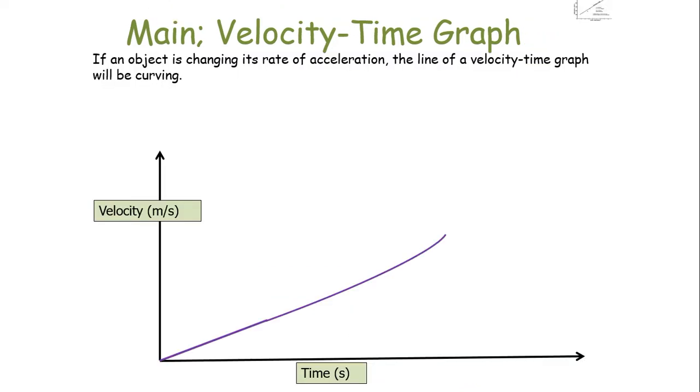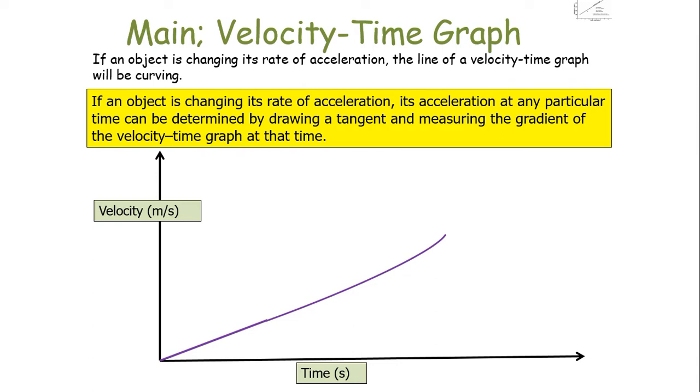Now if an object is changing its rate of acceleration, the line of a velocity time graph will be curving as shown like this. So if an object is changing its rate of acceleration, its acceleration at a particular point in time, its instantaneous acceleration, can be determined by drawing a tangent and measuring the gradient of the velocity time graph at that particular point in time.